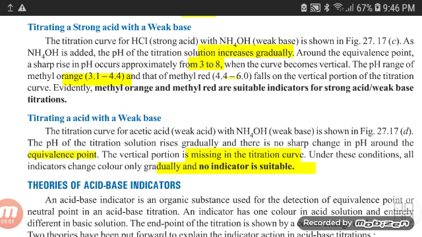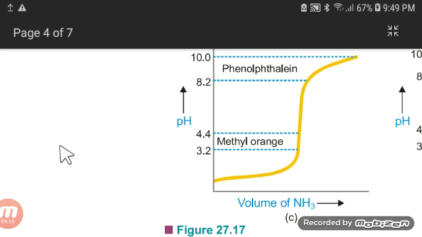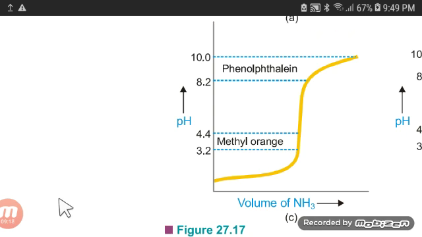After that, there is titrating a strong acid with a weak base. The strong acid is HCl and the weak base is ammonium hydroxide. Let's have a look at its curve. Here is the curve, with the volume of ammonium hydroxide on the x-axis and pH on the y-axis.